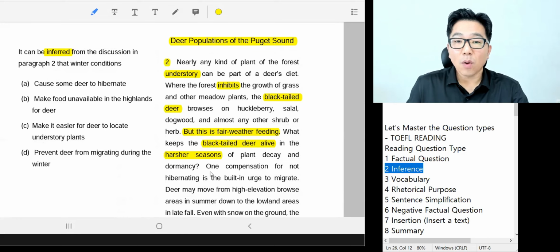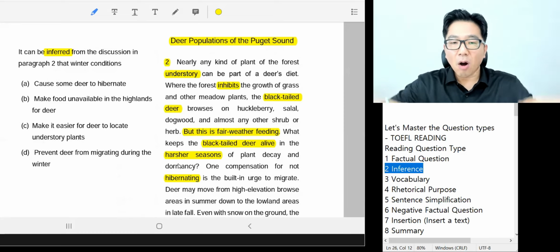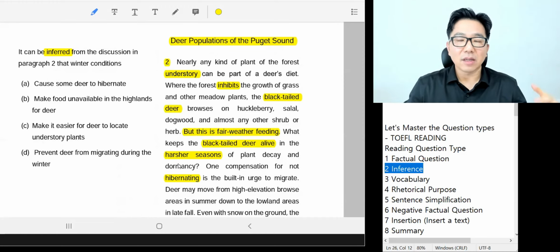Let's find out. One compensation for not hibernating. So hibernating, technically, there's like very slight difference, but in a nutshell, it is a synonym to dormancy, okay? So they do not go into dormancy during the winter. They do not dig a hole, go under the ground, and sleep for the rest of the winter.